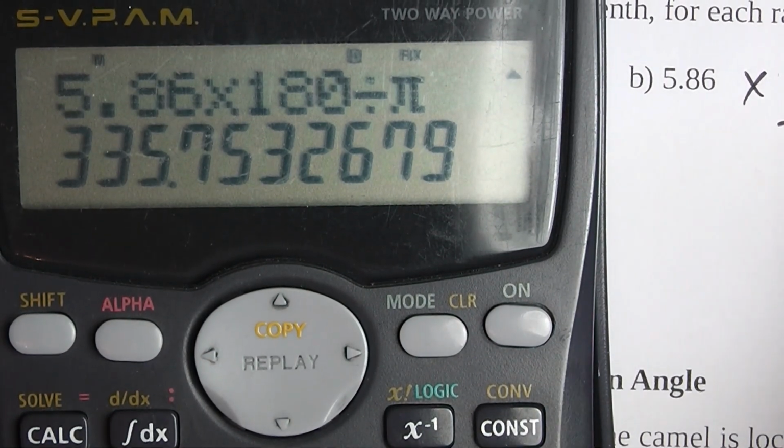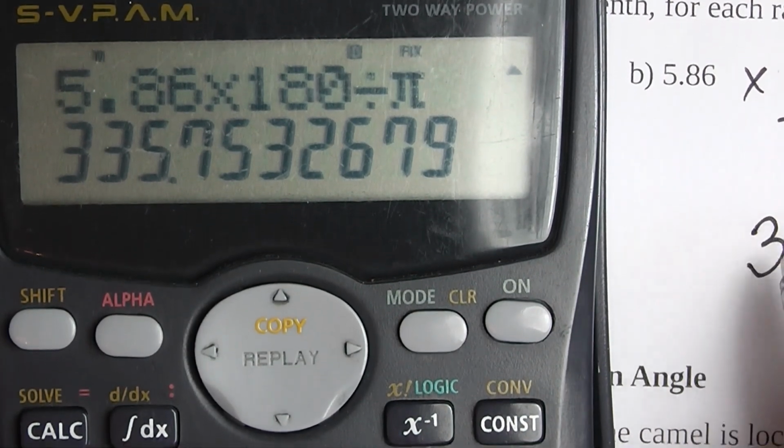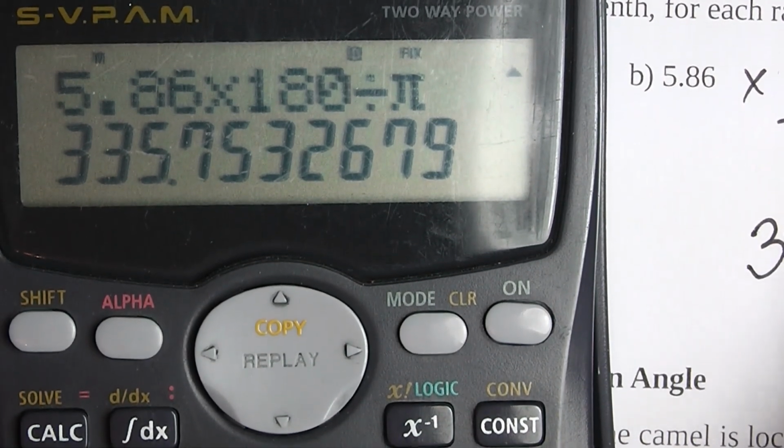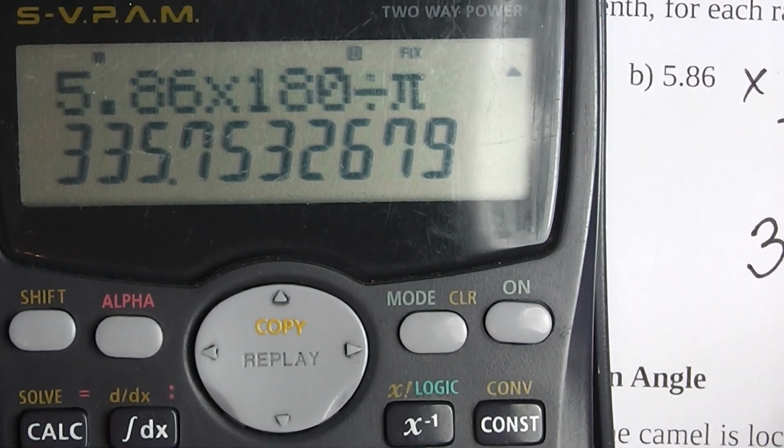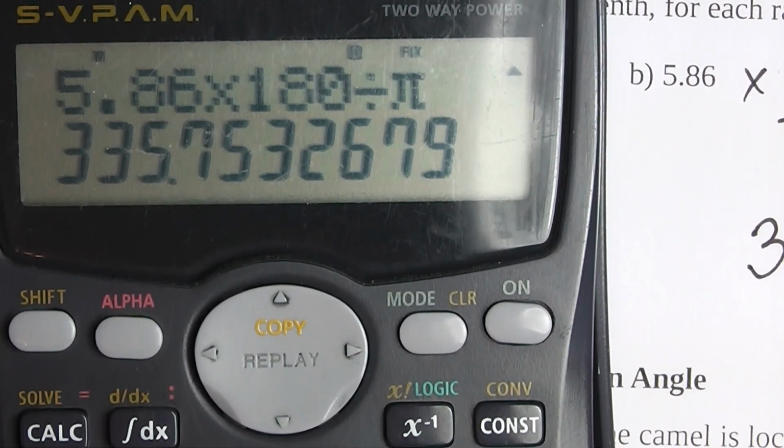And to the nearest tenth, that would be 335.8 degrees.